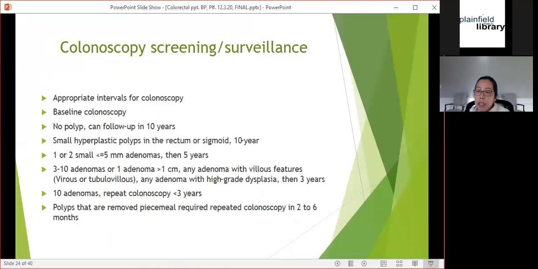If the patient has 3 to 10 adenomas, or 1 adenoma larger than 1 centimeter, or any adenoma with villous features, including villous or tubulovillous features, or any adenoma with high-grade dysplasia, repeat colonoscopy in 3 years. If the patient has more than 10 adenomas, repeat colonoscopy in less than 3 years. Polyps that are removed piecemeal require repeat colonoscopy in 2 to 6 months. Next, please.